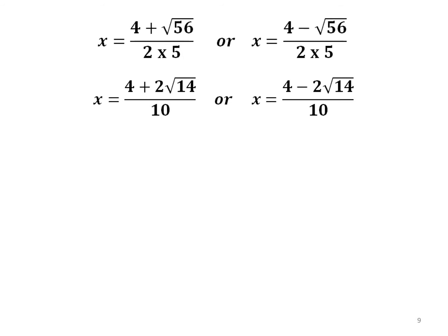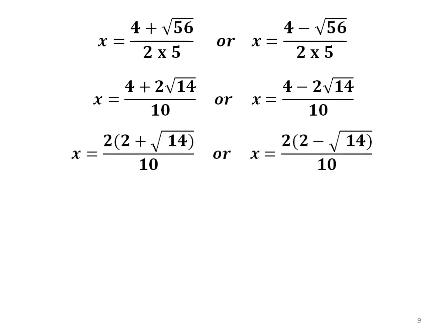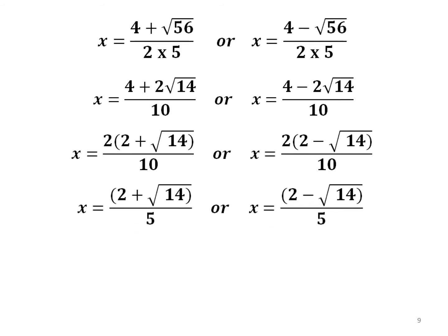Again 2 is common, so we take 2 common outside. 2 bracket 2 plus root 14 upon 10, x is equal to 2 bracket 2 minus root 14 upon 10. 2 and 10 can be cancelled off or reduced, so we get x is equal to 2 plus root 14 upon 5, x is equal to 2 minus root 14 upon 5.